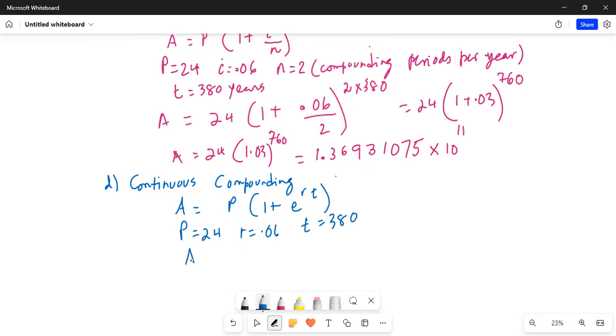So the amount is 24 times e raised to the power of the rate 0.06 times 380. So this is equal to 24 times e to the power of 22.8.